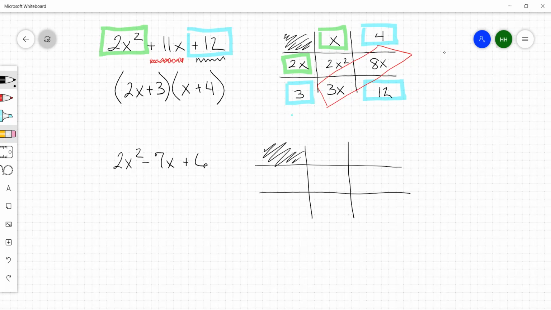All right, again, if this leading term is 2x squared, we can do a 2x and an x, because the 2x times the x is 2x squared. Now we need factors of 6 in these blue boxes.